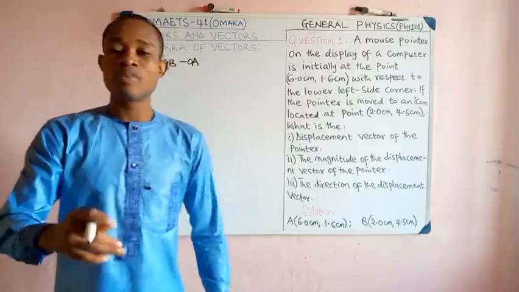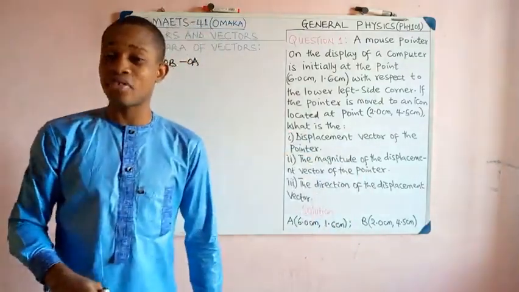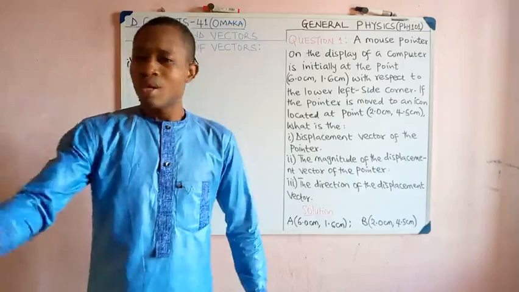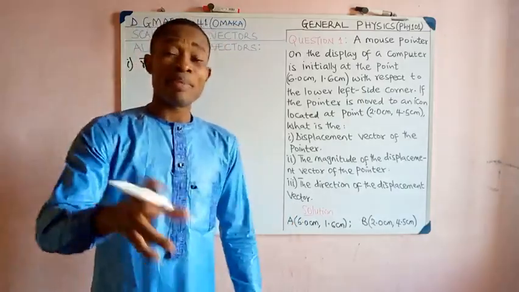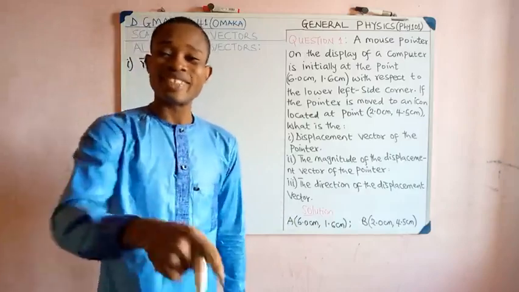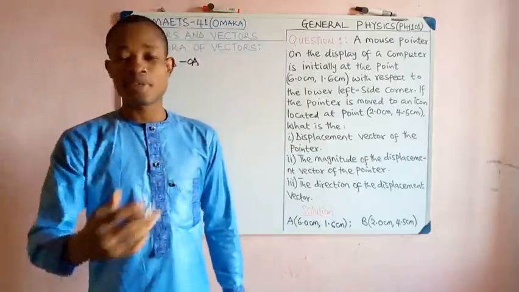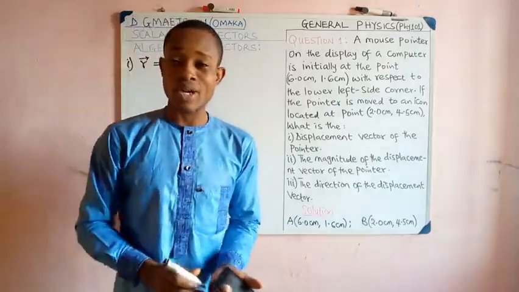When you have OB, it simply means point B minus point O, minus the point of the origin. And like I said, the origin is usually 0, 0. So even if you do B minus O, you still get your B. If you do A minus O, you still get your what? A. So eventually, even if I write OB minus OA, it's the same as B minus A. The final minus what? The initial.